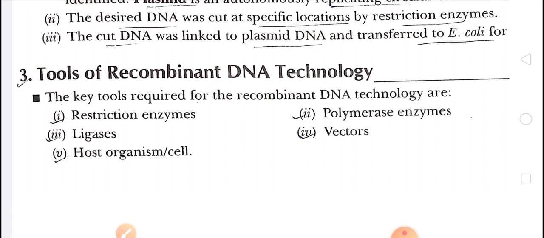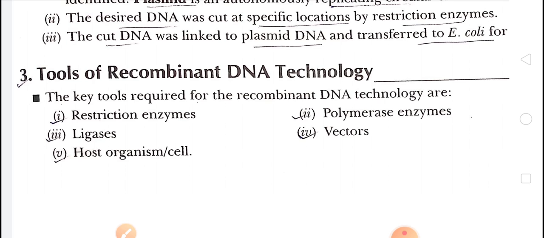Like the two methods that we use for increasing the competency of the host: number one, chemical method, and number two, physical method. Okay, clear? Chemical method and physical method. The chemical method includes the heat shock treatment, and the physical method includes the microinjection method and gene gun method.